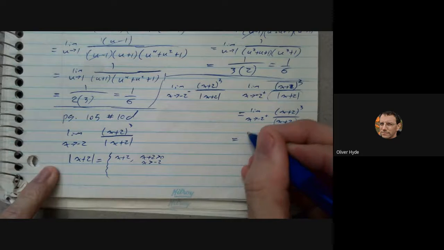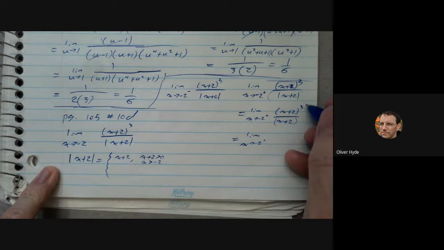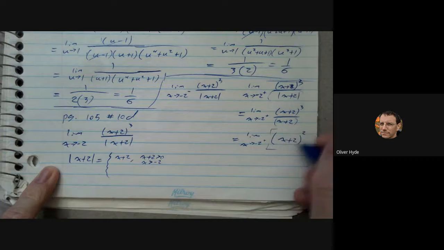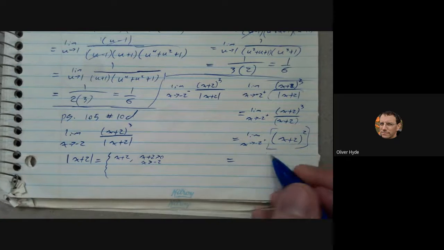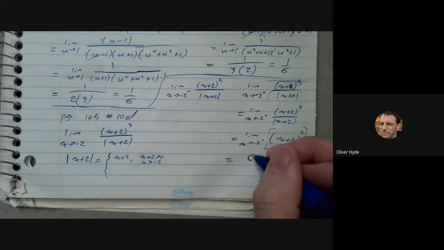And then I can finish up this behavior over here and say, look, there's going to be a factor of x plus 2. That's going to leave me with (x plus 2) squared. And now I'm in a determinate form. So as x approaches -2, this approaches 0, that approaches 0. That's going to approach 0.